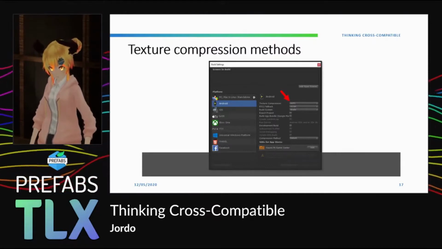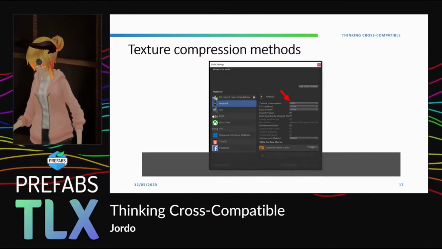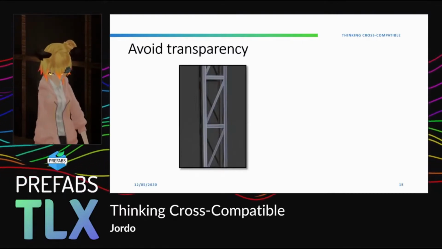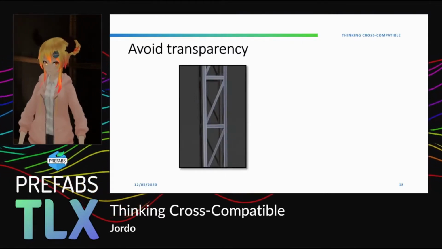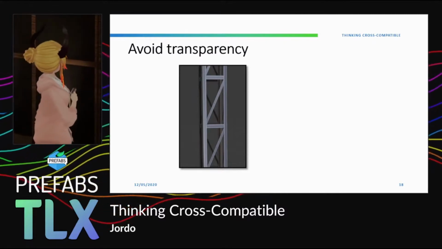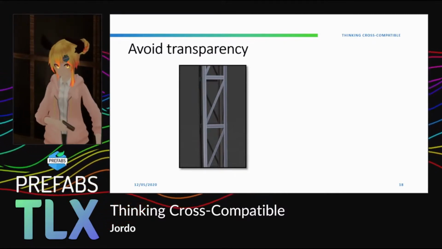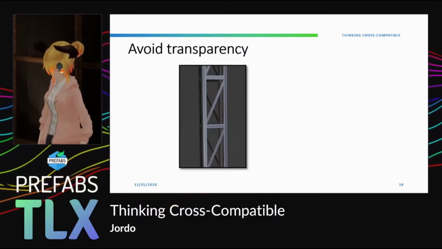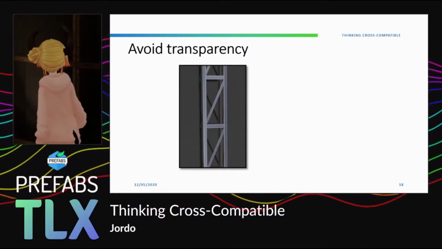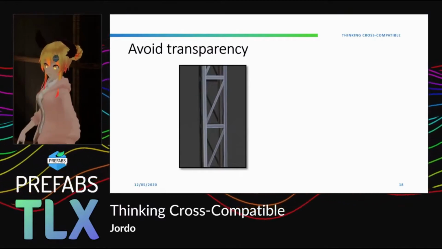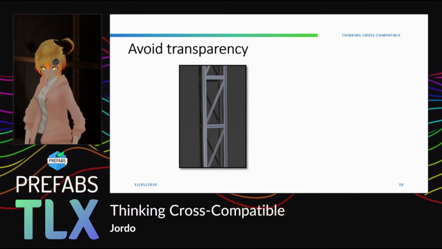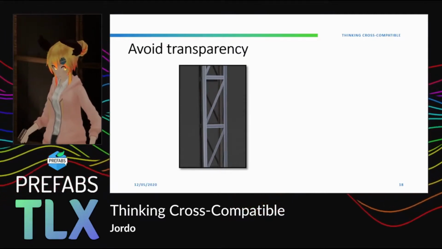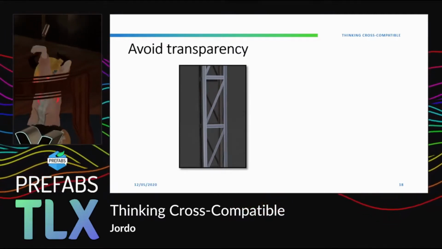Another point is to avoid transparency. I took this example from Thermal Treatment. This is one of the beams under the platforms in the map. I don't know if you played the map. We could have totally made a quad, put transparency on it and been done with it. But a mobile GPU has really bad alpha fill rate, so you want to avoid that as much as possible.